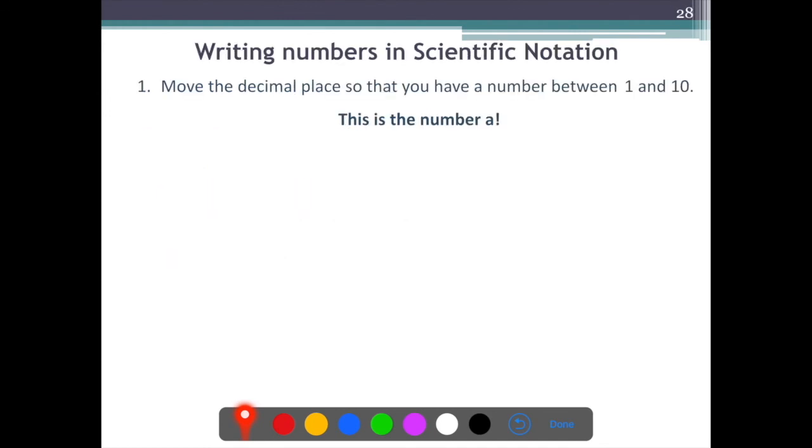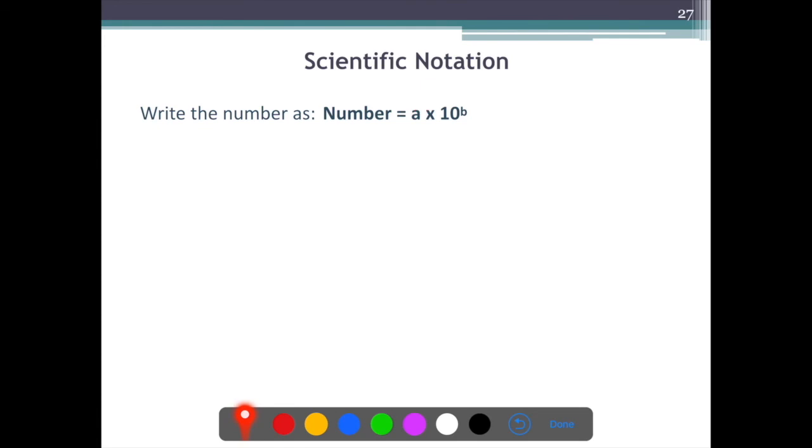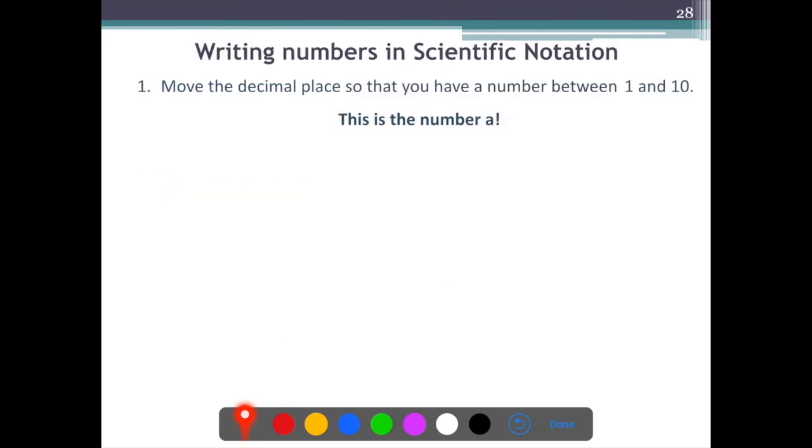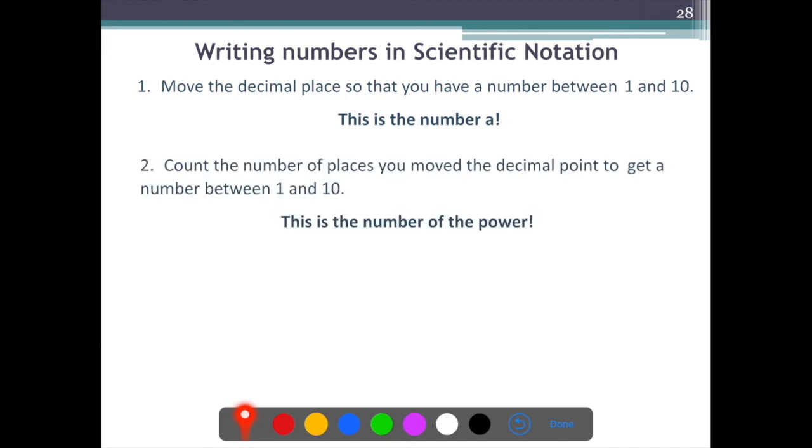Right, so how do we get that number A and this power B? To get the number A, you move the decimal place so that you have a number between 1 and 10. That number between 1 and 10 will be the number A. Then count the number of places that you move the decimal point to get the number between 1 and 10.